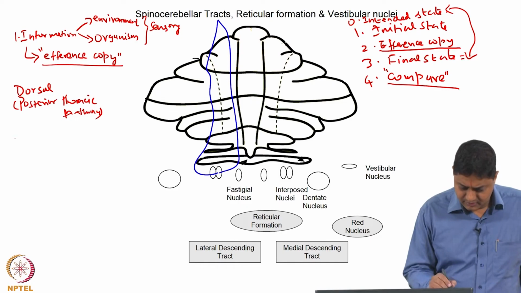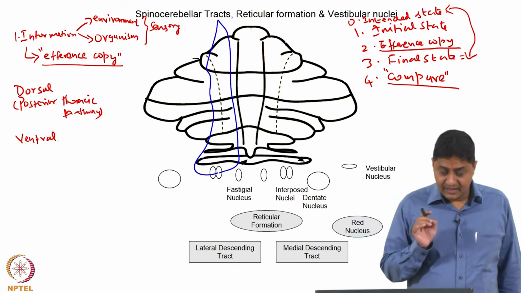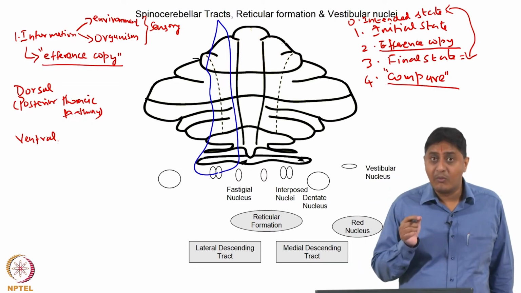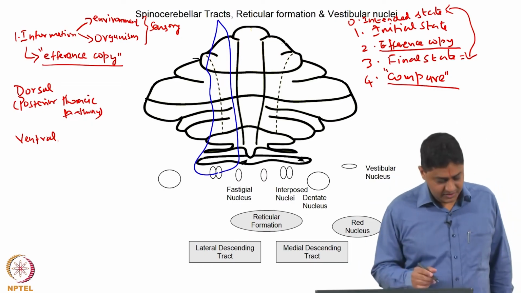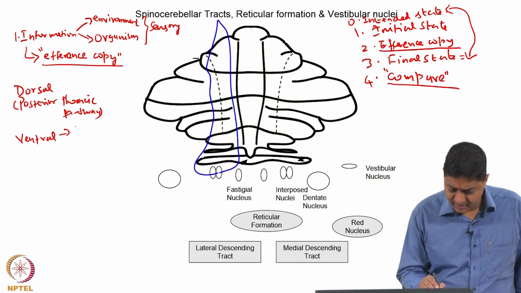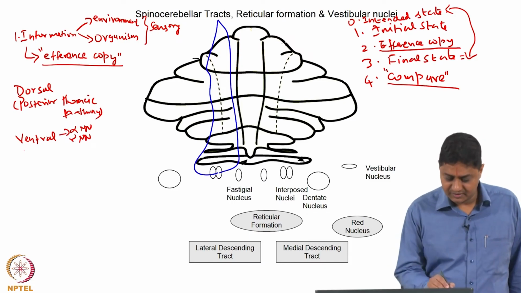And ventral. Whenever we say ventral, we are immediately reminded that the ventral part of the spinal cord is responsible for motor functions, right. So the same input as the alpha motor neuron, gamma motor neuron, or spinal motor neuron inputs is the efferent copy.